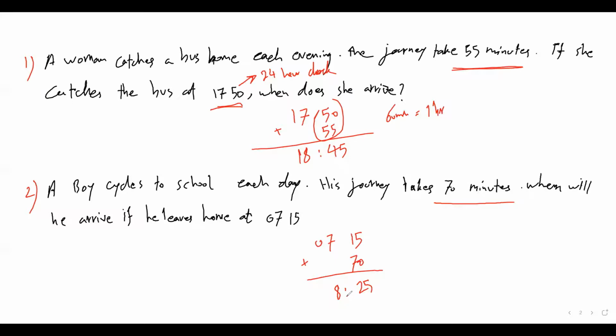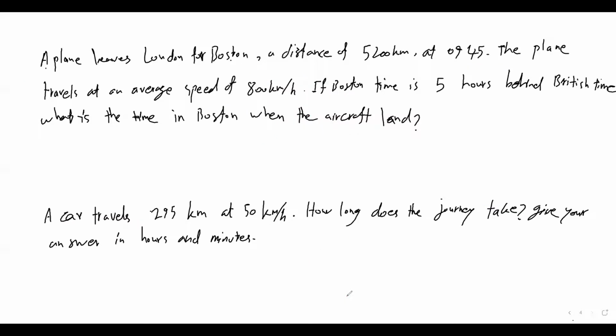It seems like an easy question, but many students make reckless mistakes usually when they get to these questions. Now let's make it a little bit more challenging by bringing the concept of speed into the question. So here we have a plane which leaves London to Boston, a distance of, so, okay, when the journey is too long, we have what we call the time difference, right?